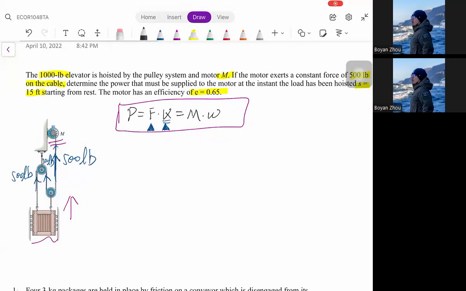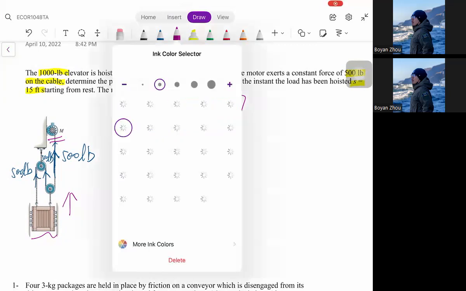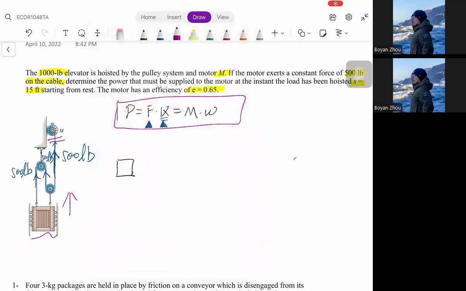First we can draw a free body diagram of the elevator, since we're looking for the velocity. It's going to be like this. There's the weight of the elevator, which is 1,000 pounds, and on the other side there's a lifting force of 500 pounds.